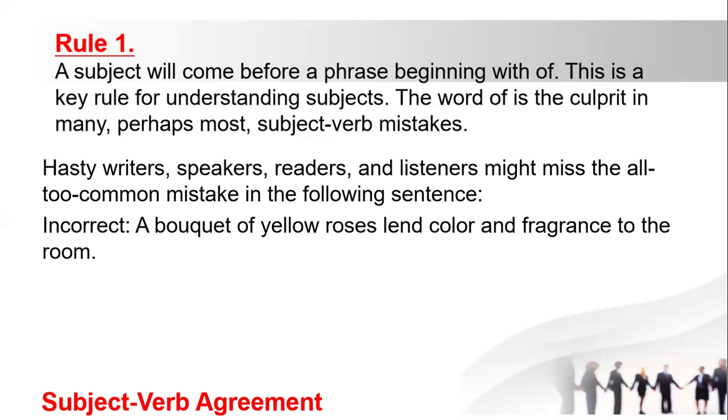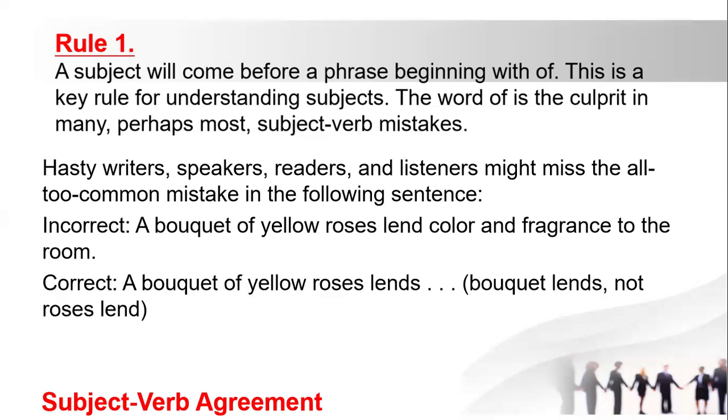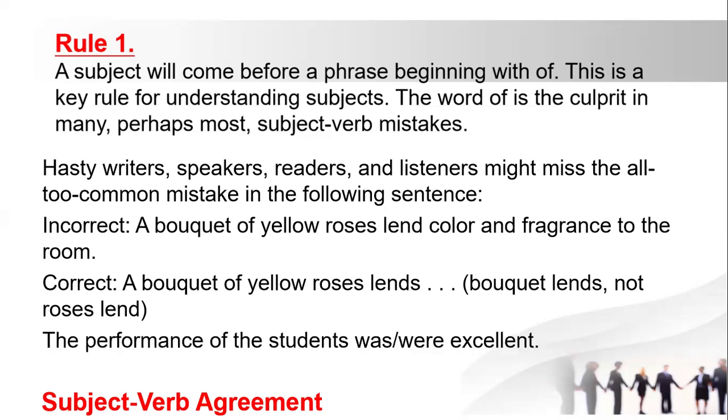So please remember, of should not make you confused. We are talking about the bouquet here. Correct is: a bouquet of yellow roses lends color and fragrance to the room. So it's lends because we are talking about the bouquet. We are not talking about yellow roses.